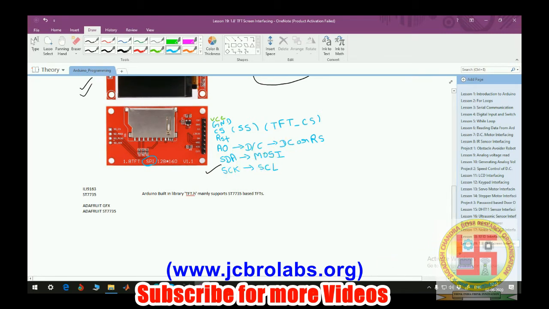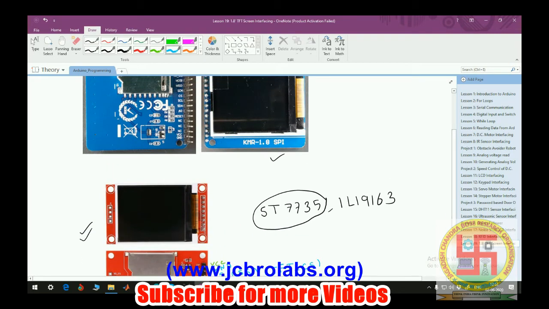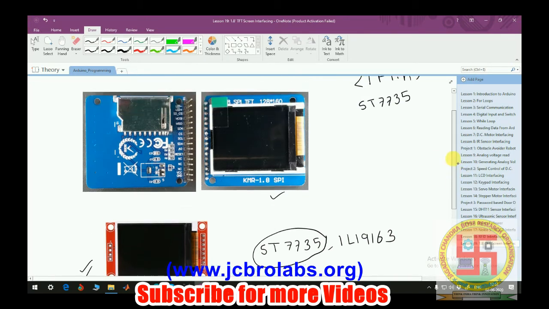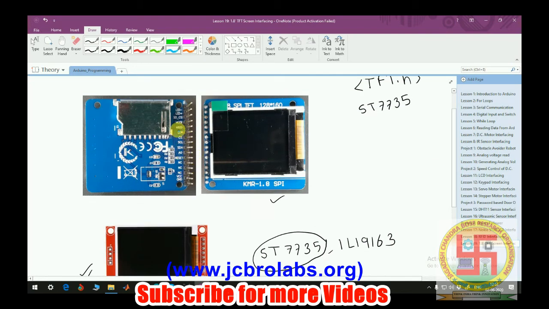As we can see here, in this kind of LCD there are two things. One is for the SD card. Some pins are for SD card selection and some pins are for LCD selection. So these particular pins are for the LCD and these particular pins are for the SD card.